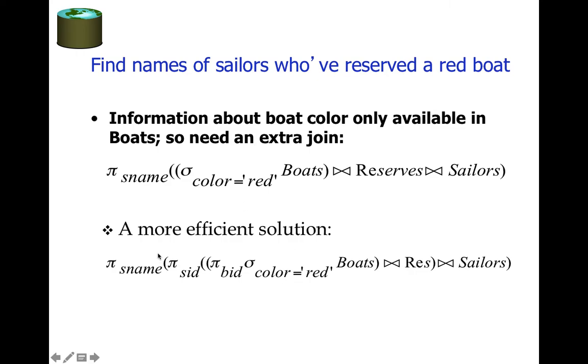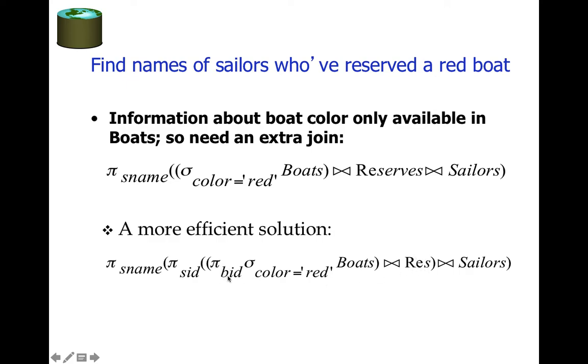We're saying there is another, simpler, more efficient solution where not as many rows are going to be worked on. Here we have more rows before we get the S name. In here, you only need the BID, the boat ID, in order to get information from reserves.